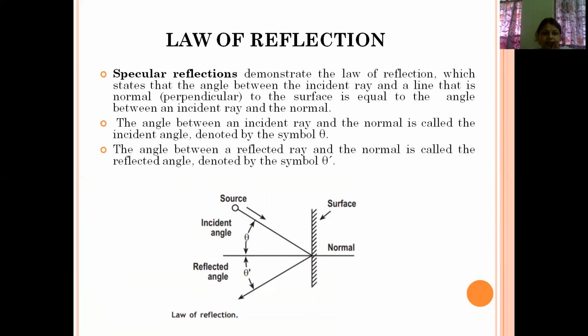The angle between an incident ray and the normal is called the incident angle, and it is denoted by the symbol theta. So here we can see that this is the surface. From the source, light enters the surface, and after that it is reflected.